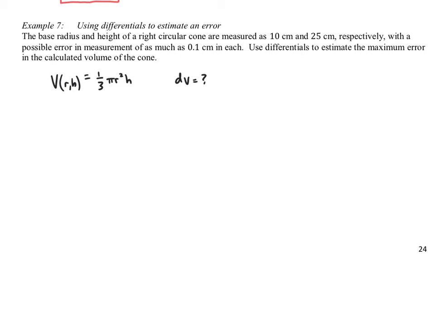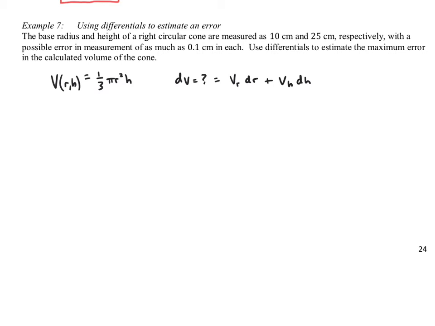What is the error in the possible calculated volume? So what we're going to do is take our knowledge of the differential and say, okay, we're going to take V_r, the derivative with respect to r, and multiply by the differential dr, and the derivative with respect to h and multiply by the differential dh. So we're just using different variables here. It's the same basic idea.